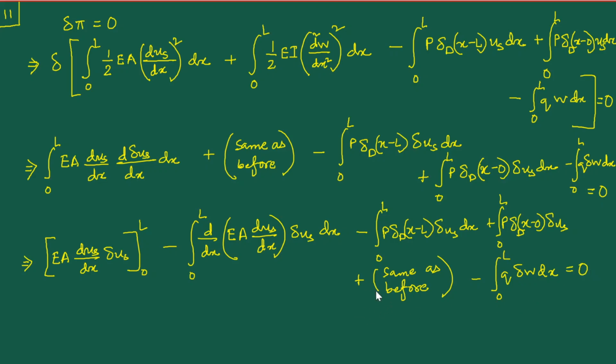Now you see, whatever is present in the same as before is basically just the boundary terms involving the delta W, or the W, and one integration term involving the delta W. So what we had done earlier was to club that integration term with this term to obtain the governing differential equation.